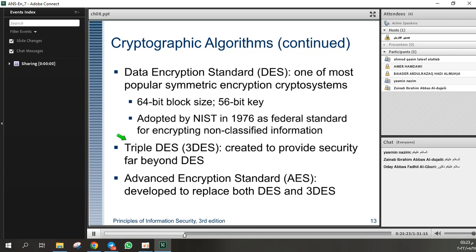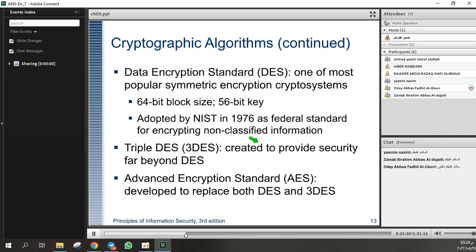To resolve this problem, a new version, we call it Triple DES or 3DES, was provided. In Triple DES, we are using the DES algorithm three times with 2 or 3 different keys.